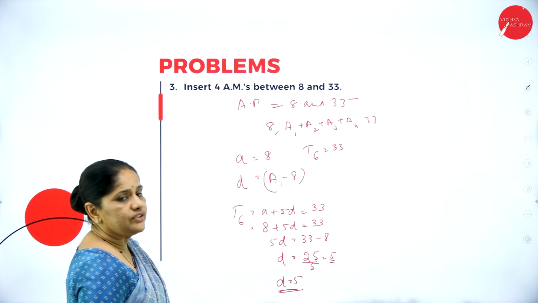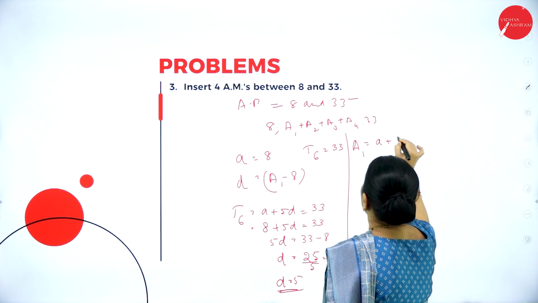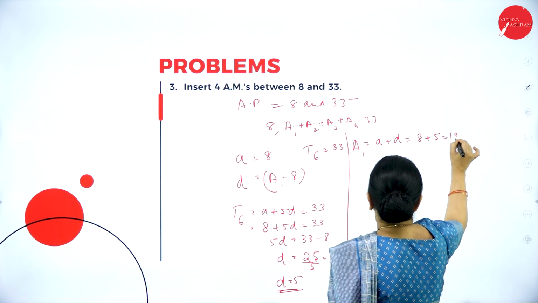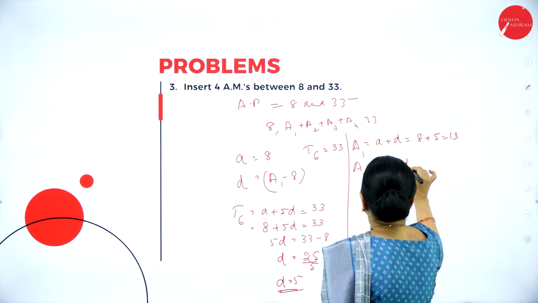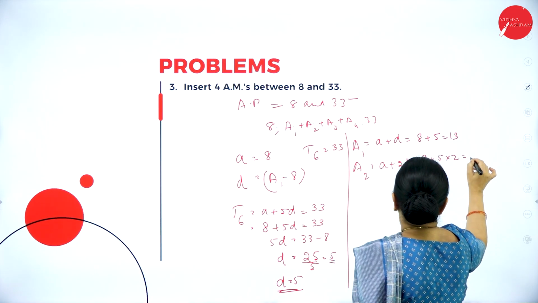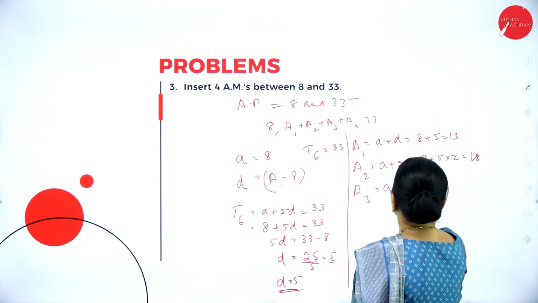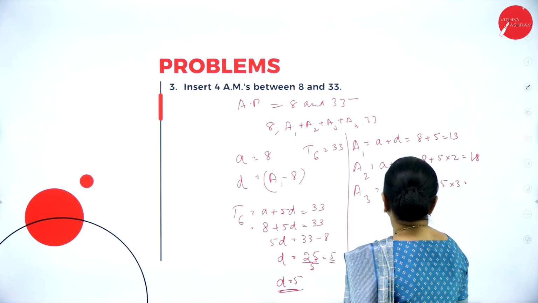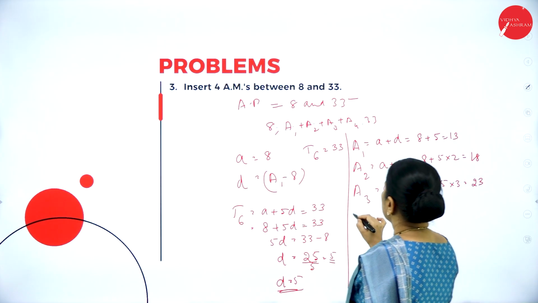Now we have to insert the arithmetic means here. A1 equals A plus D, that is equal to 8 plus 5, that is 13. A2 will be A plus 2D, that is equal to 8 plus 5 into 2, that is 18. A3 will be A plus 3D, that is 8 plus 5 into 3. 5 3s are 15. 15 plus 8 is 23.